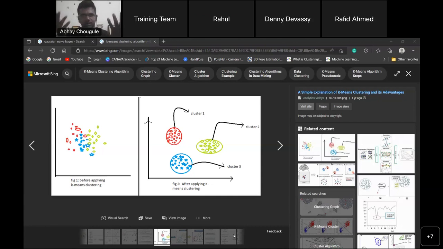Are you getting it, everyone? In supervised learning, you are not creating any prediction column, but in unsupervised learning, it is creating a prediction column on the basis of observations.